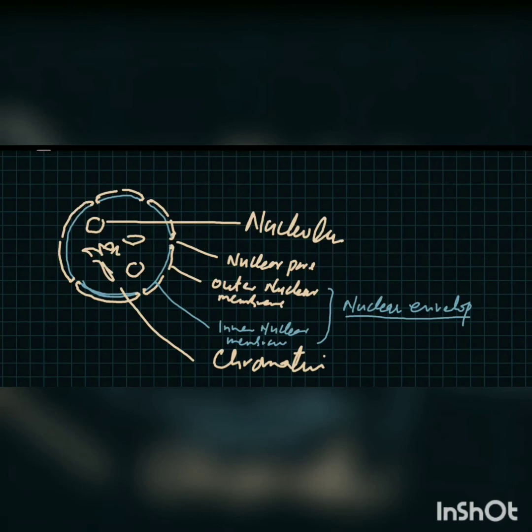The outer membrane, this is an outer membrane. It is extended outwards, making a network of tubules which extends to the cell membrane.